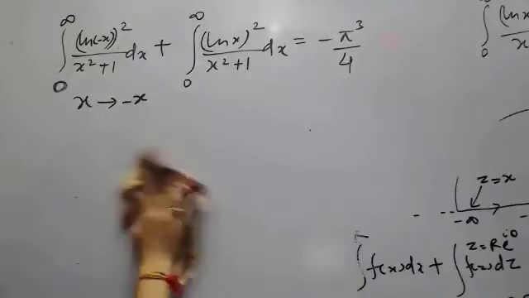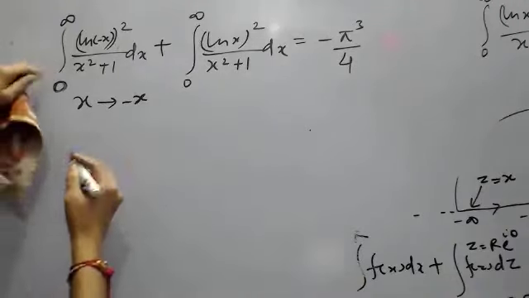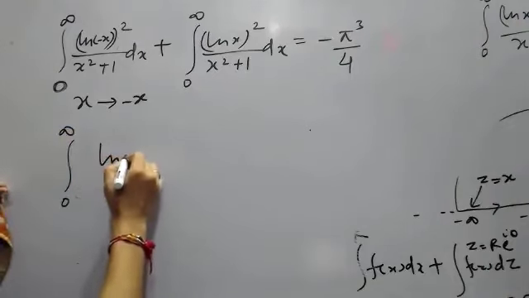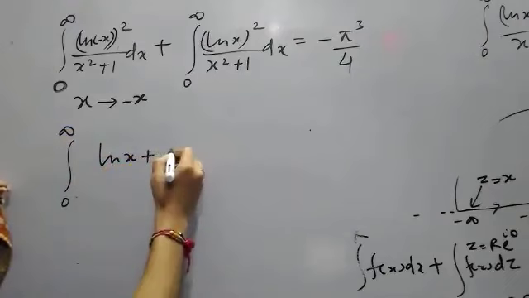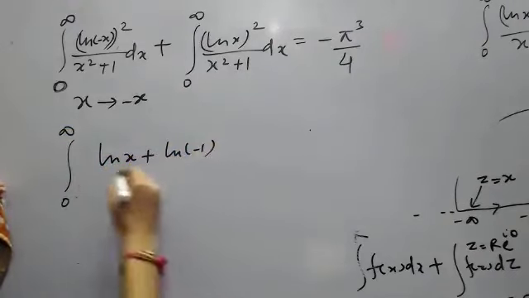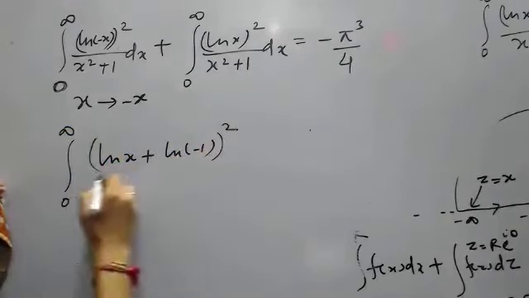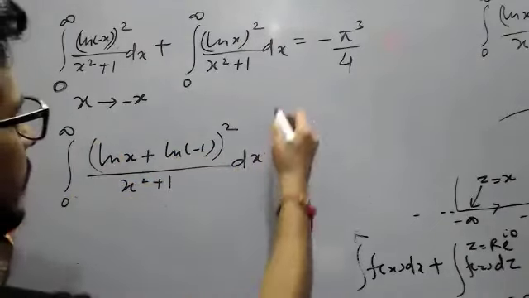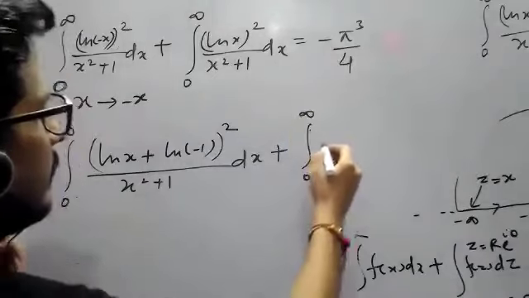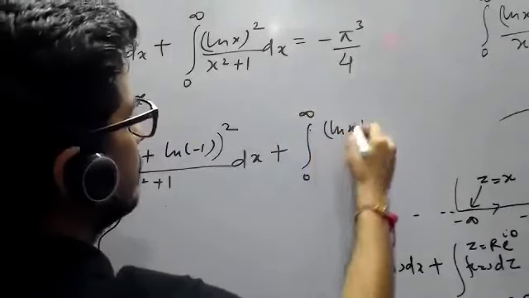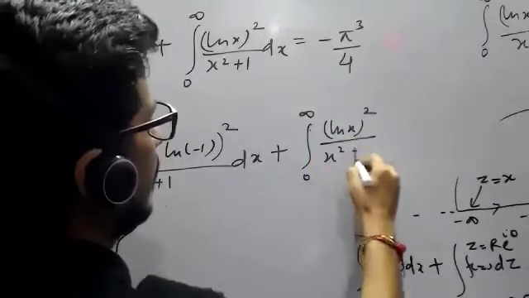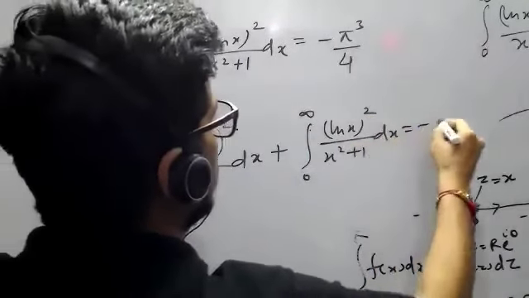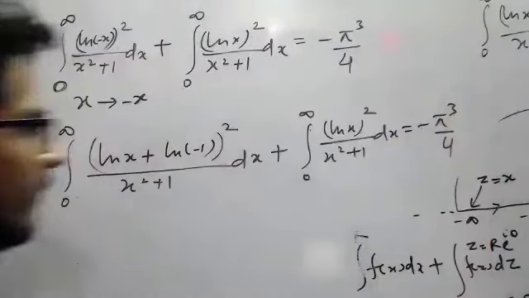And now please see, now again your intelligence will, it will become 0 to infinity log of x plus log of minus 1 whole square upon x square plus 1 dx plus 0 to infinity log of x square over x square plus 1 dx is equal to minus pi cube by 4.